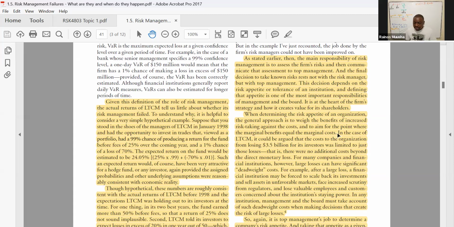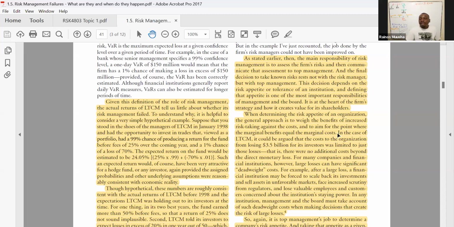So which means with every economic decision that anyone makes within the organization, the benefits must always be more than the costs. The worst case scenario is where you make a decision where your marginal benefits are equal to your marginal cost.